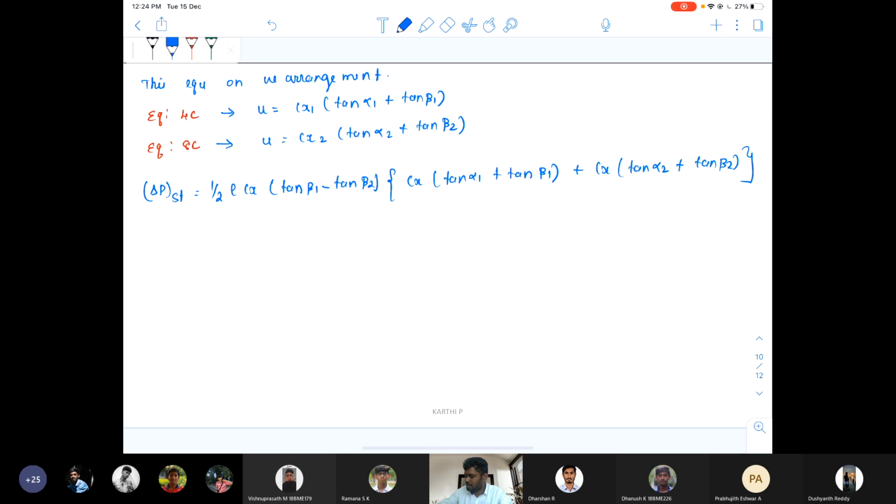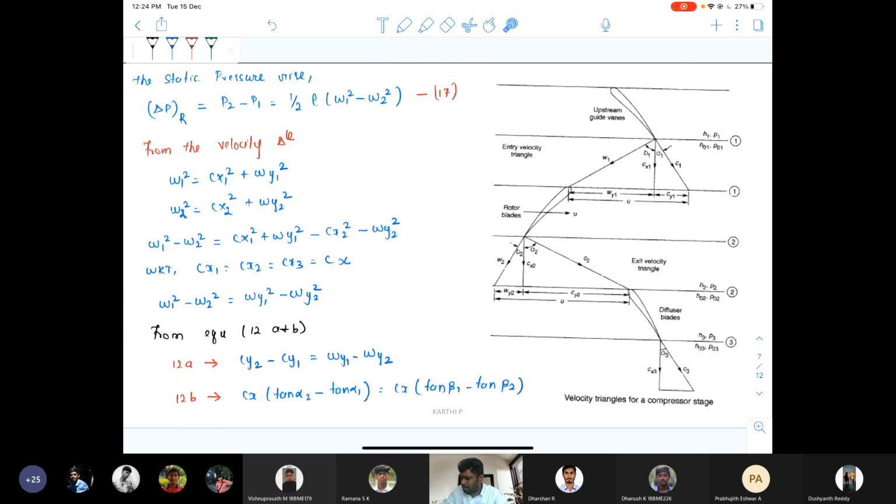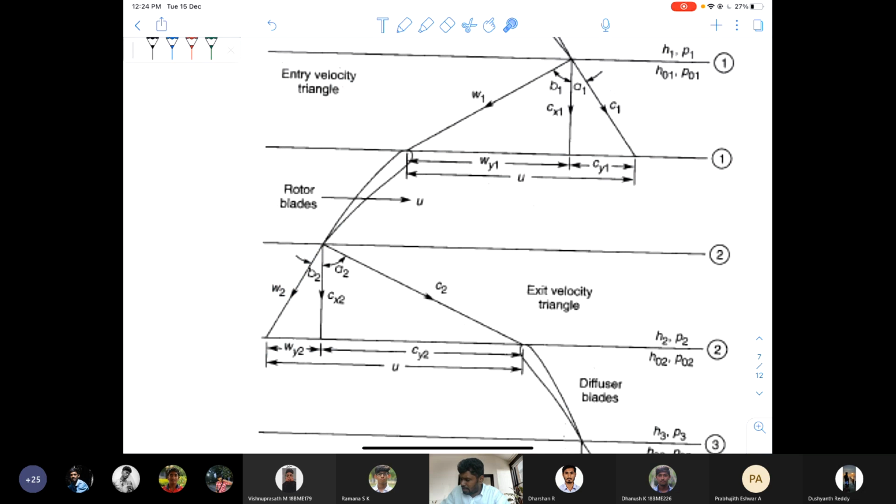This is the stage pressure rise equation. In this equation, tan alpha 1 plus tan beta 1 can be replaced by u, the peripheral velocity, and the other term is also replaced by the peripheral velocity u. From the velocity diagram, you can see the peripheral velocity remains constant, that is, u1 is equal to u2, which is equal to u.